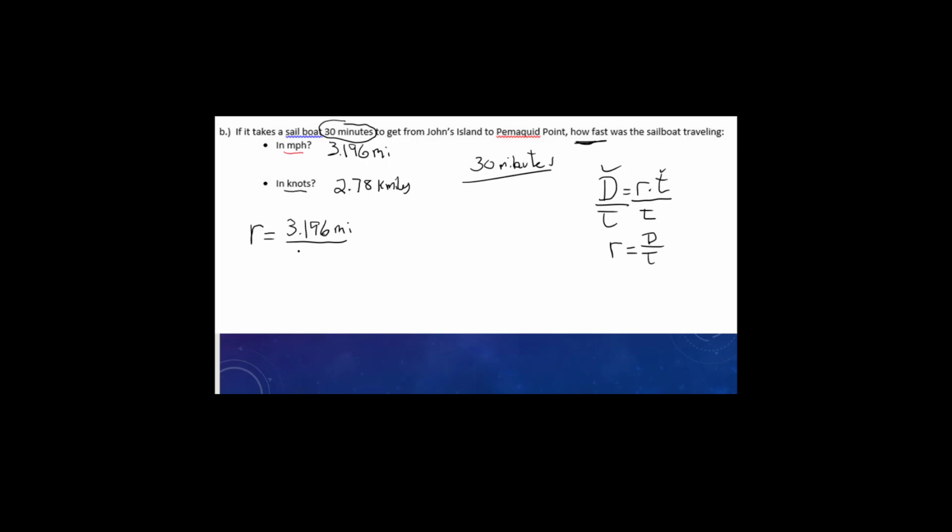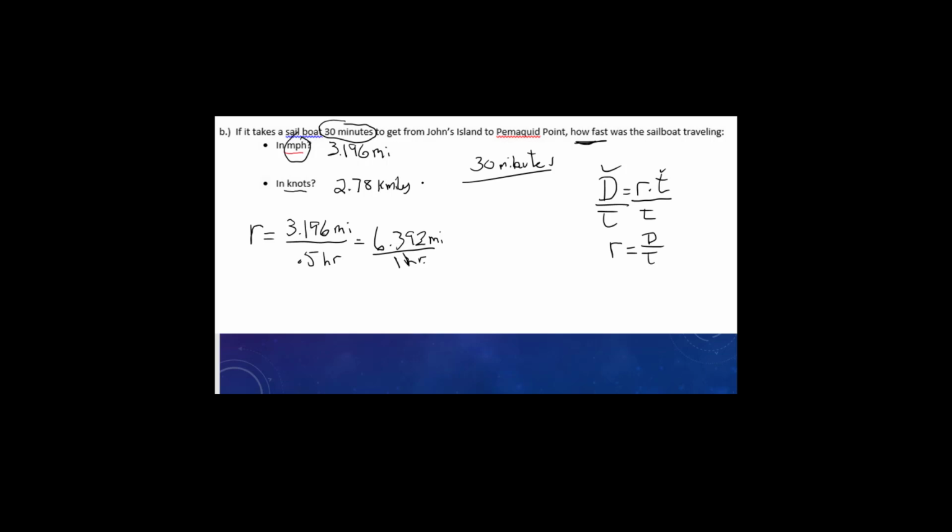Well, I'm going to put 0.5 hours because I want it in miles per hour. So we'll put that on our calculator. And I'm getting 6.392 miles per 1 hour.